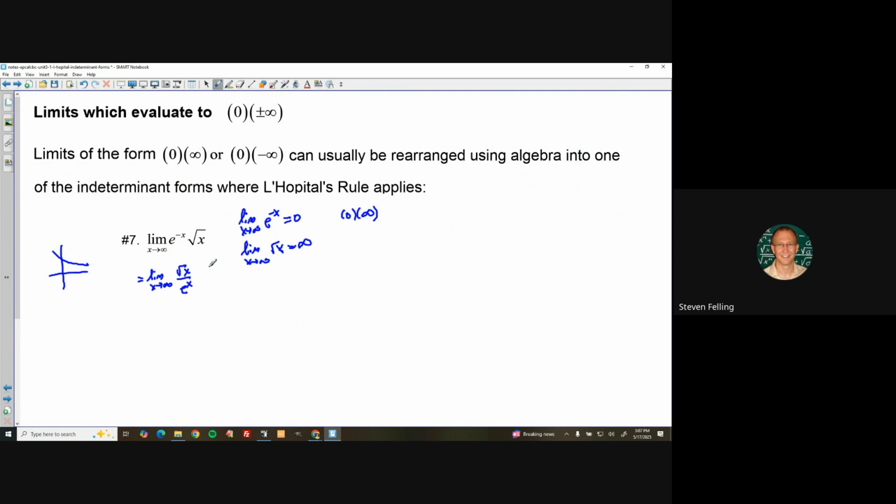Now, what I can do is use the numerator, limit as x approaches infinity of the square root of x, that's infinity. The limit as x approaches infinity of e to the x is infinity. So now I can say we have infinity over infinity, which is an indeterminate form. So we are allowed to use L'Hopital's rule.